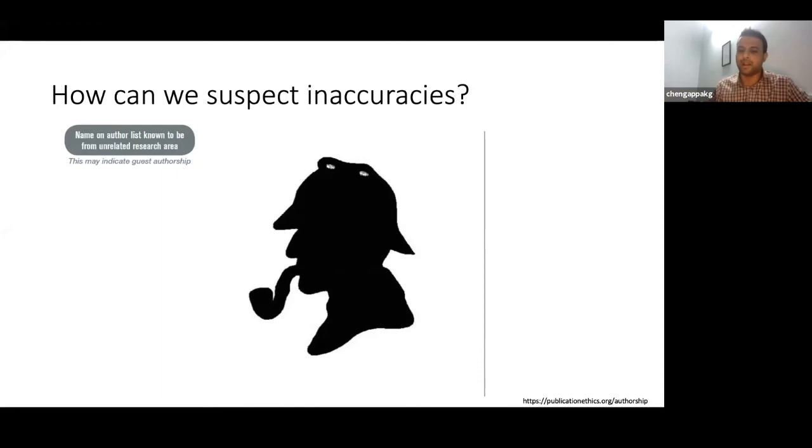Everything is from pediatrics, and one may be a computer engineer or something like that, which is completely unrelated. Then you can actually investigate further and find out the relevance of those authorship. It can be real, but such are red flags to say that the editor and the peer reviewer should be a little cautious.